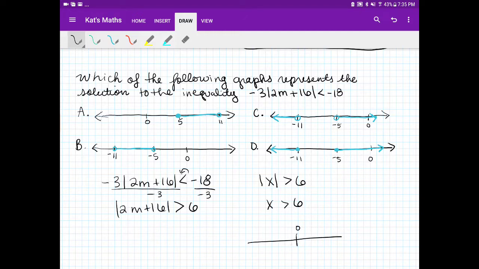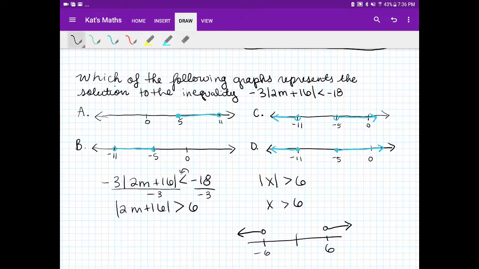Right here's 0. It could be all the way up to, but not quite to that point. And it could also be greater than 6, so that point and beyond, because x is greater than 6. And then it would also be this point and beyond.